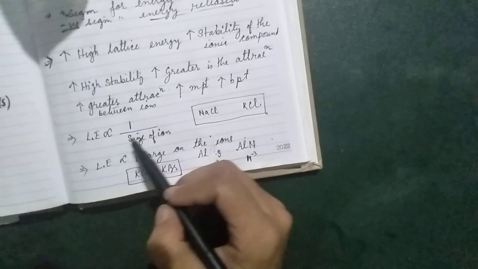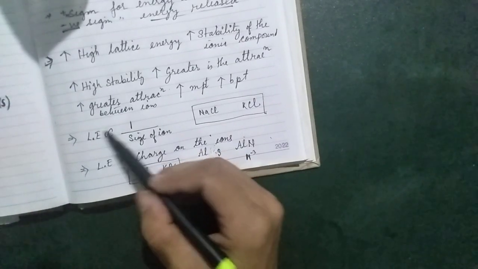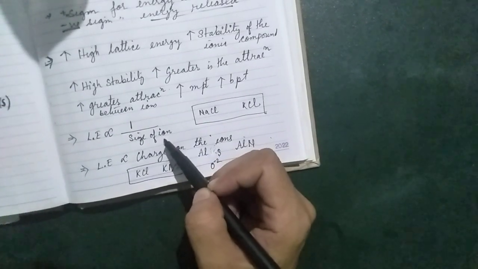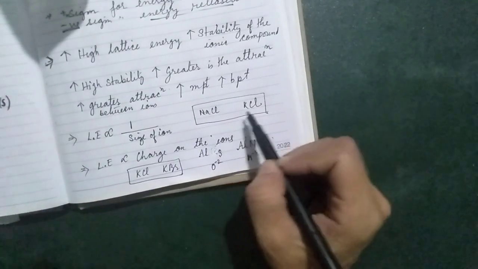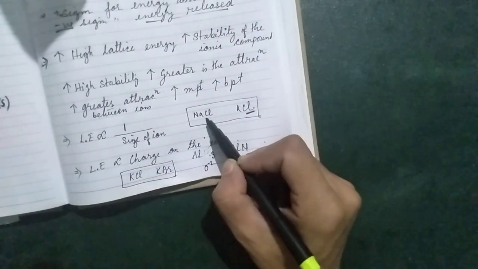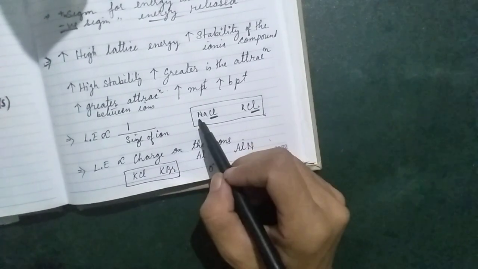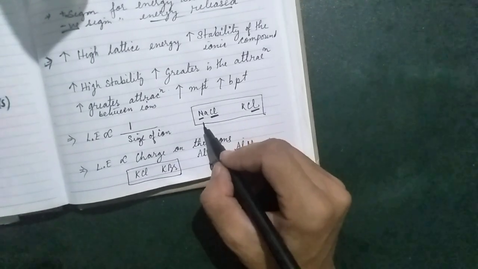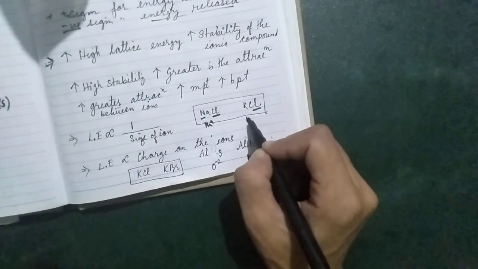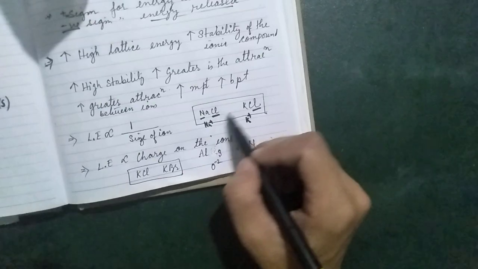Lattice energy is inversely proportional to the size of the ion. That means we require the size to be small. Take NaCl and KCl. The Cl part is the same, so keep it as it is. Now we consider the differences: Na is plus, K is plus. Which one has more size?